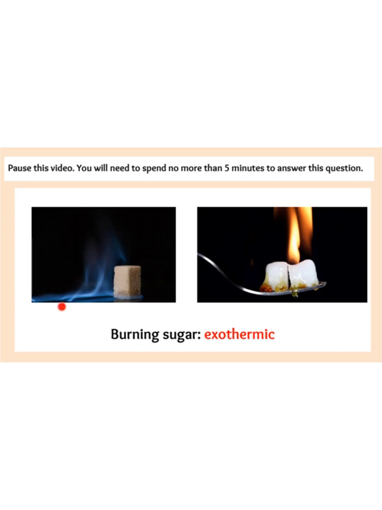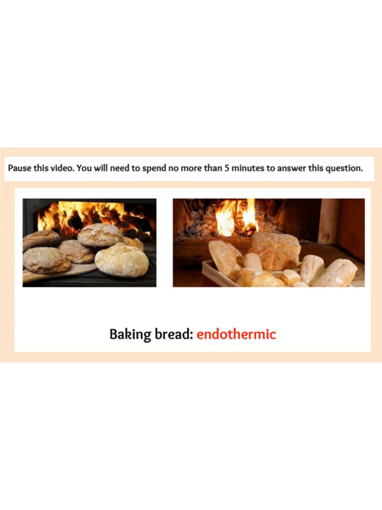The presence of this flame will tell that there's energy which is released. As energy is released, burning sugar is exothermic. In order to prepare bread, we have to put the dough in the oven. Accordingly, the dough will absorb energy and then the bread is made.